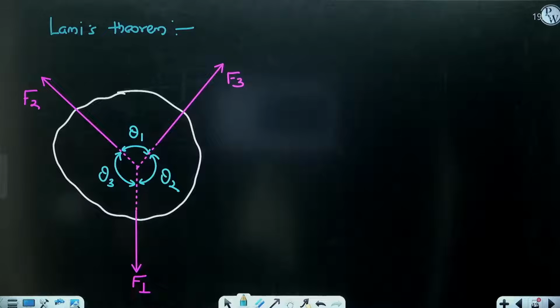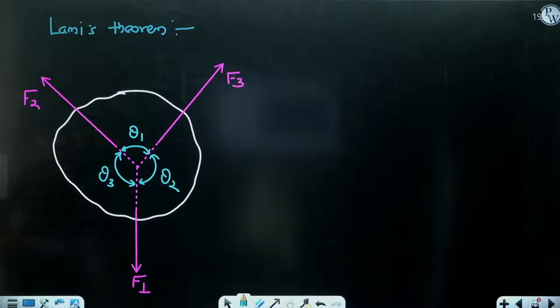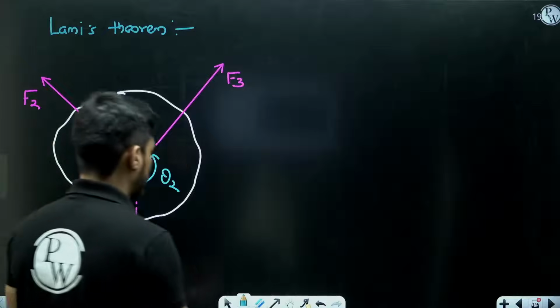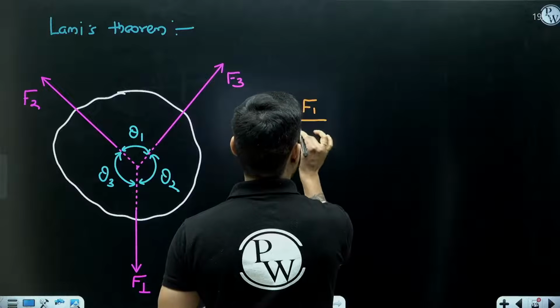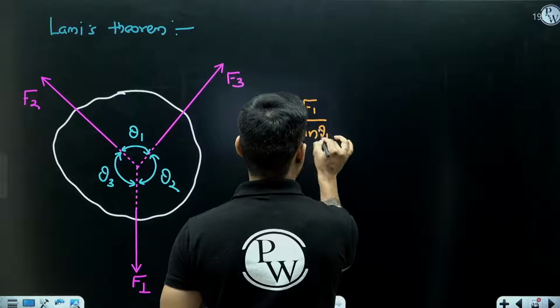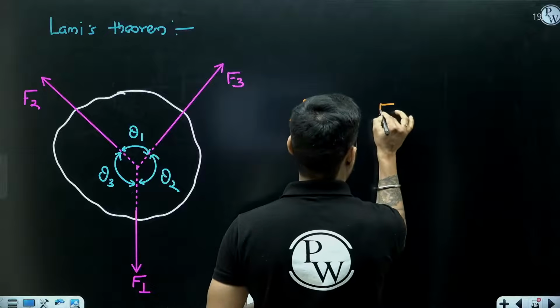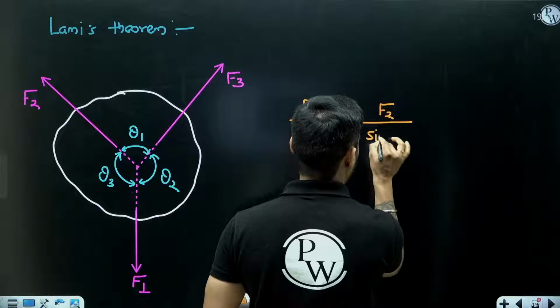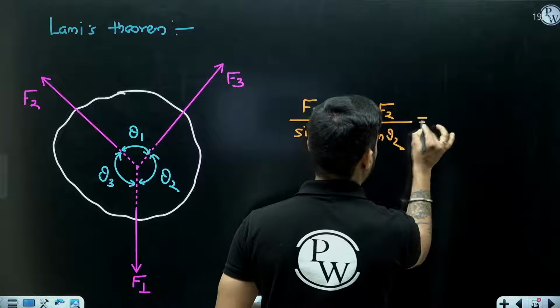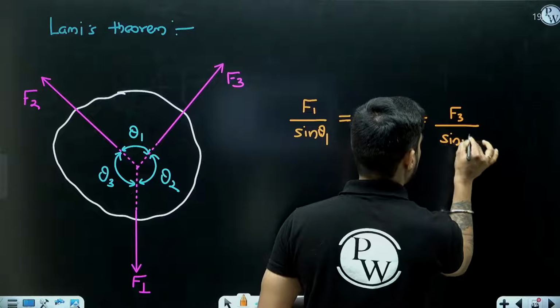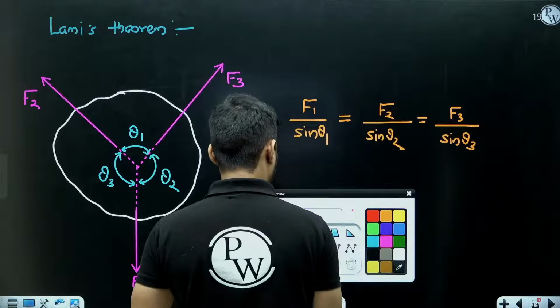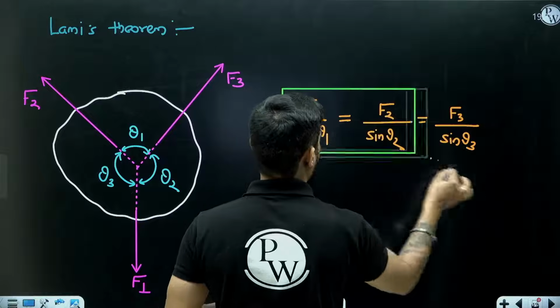The angle between 1 and 3 is θ2. The angle between 1 and 2 is θ3. Now, according to Lamy's theorem, F1 divided by sine θ1 will be equal to F2 divided by sine θ2 will be equal to F3 divided by sine θ3. This is also known as sine rule. Okay.